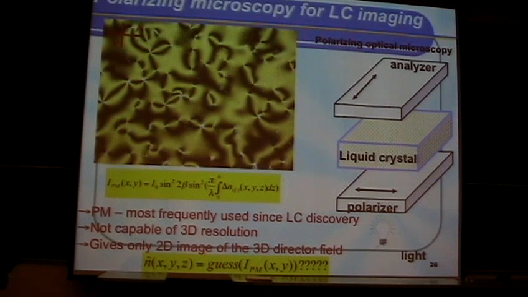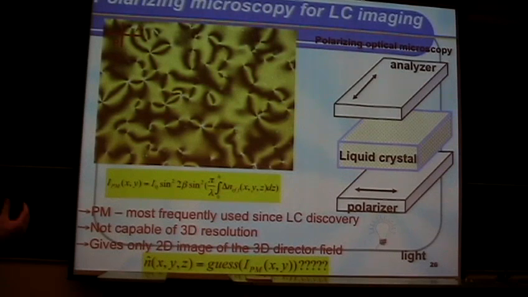So if we have the polarizer and analyzer crossed with respect to each other, a liquid crystal sample, such as a nematic liquid crystal, is nothing else but an optical crystal with a certain orientation of the optical axis parallel to the liquid crystal director that can change in space within the sample.